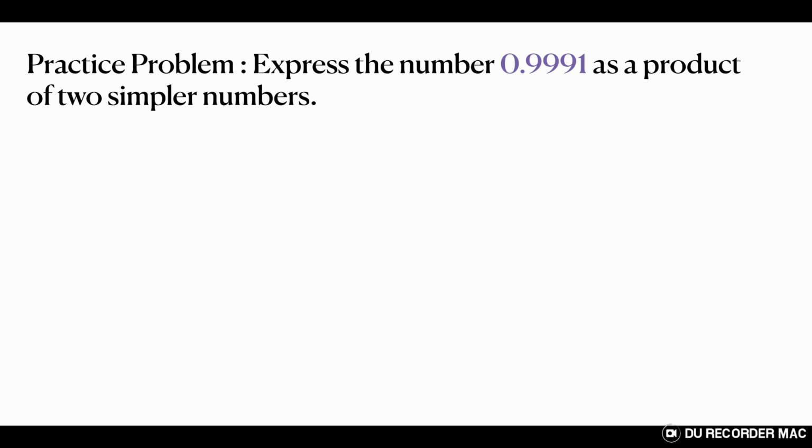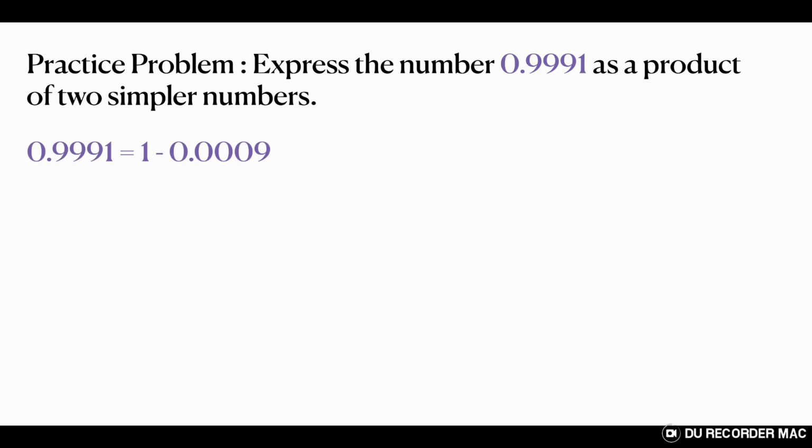Now here's a practice problem. You can pause the video and try it out, then I'll get to it. So the practice problem is, express the number 0.9991 as a product of two simpler numbers. We can approach the number in the same method. We can write 0.9991 in the form of 1 minus 0.0009.